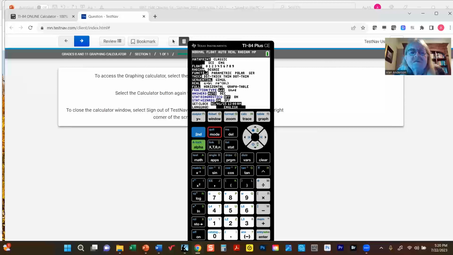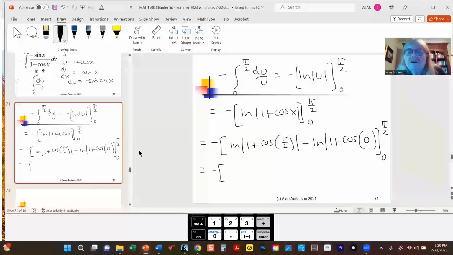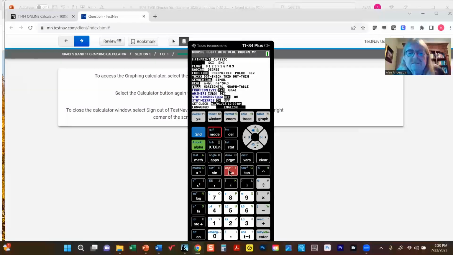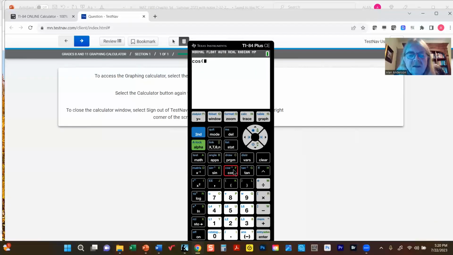If you leave it there, I need to know the cosine of pi over 2. I find it easier to find things with the real calculator. The pi, oh, here it is. It's the second button of the exponentiation key. Divided by 2, close, enter. 0. All right.